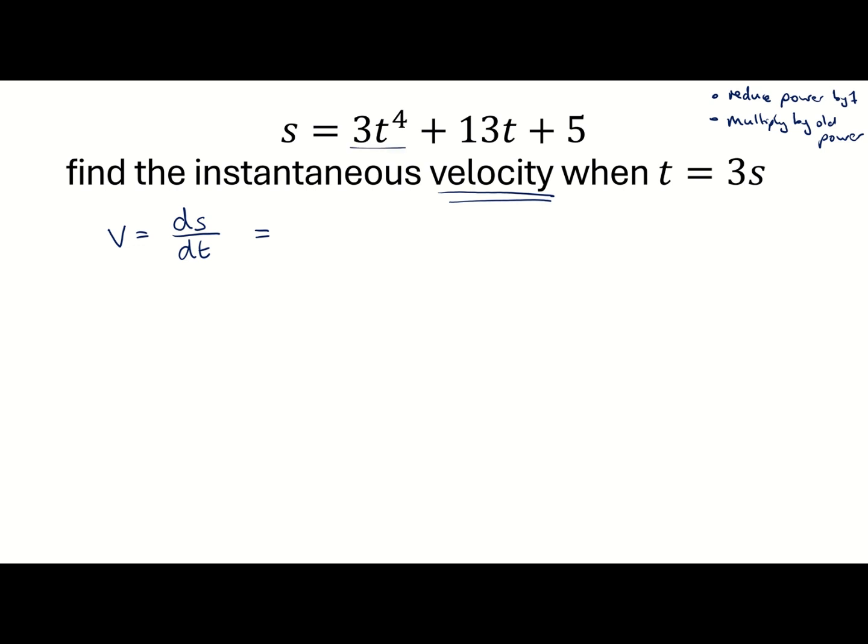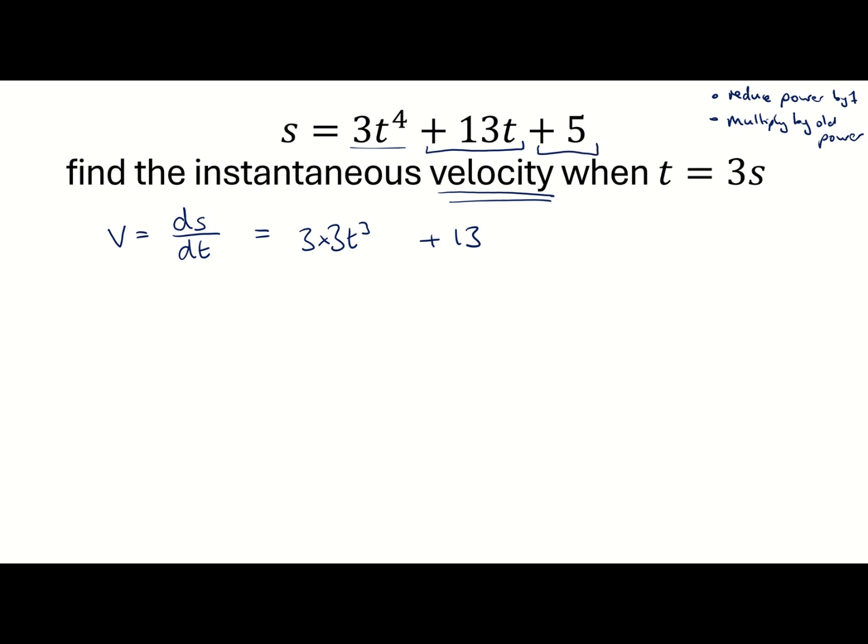So that first term, I've got 3t to the 4, so I have 3t cubed multiplied by 3. The second term, plus 13t. Now, if you recall, this is a bit like our special case. If we've just got t to the power of 1 or x to the power of 1, the differential would just be the coefficient. So I would just be saying 13 here.